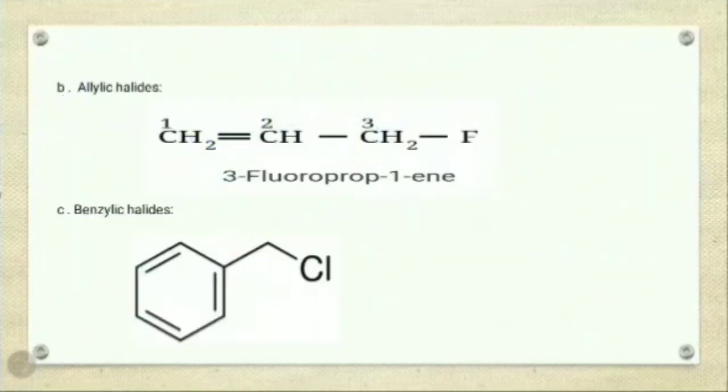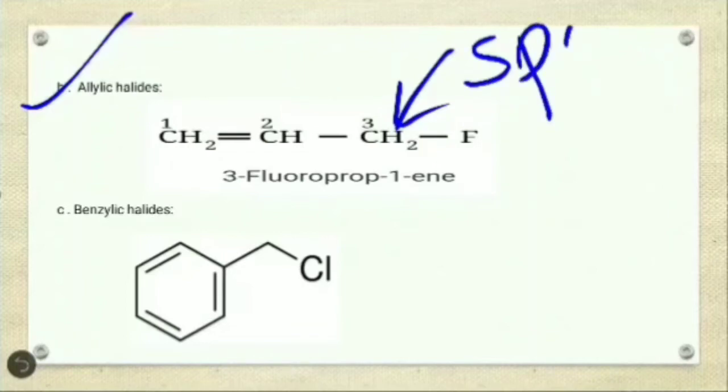Second is allylic halide. In allylic halide, the halogen atom is bonded to a sp3 hybridized carbon atom next to a carbon-carbon double bond. Benzylic halide.